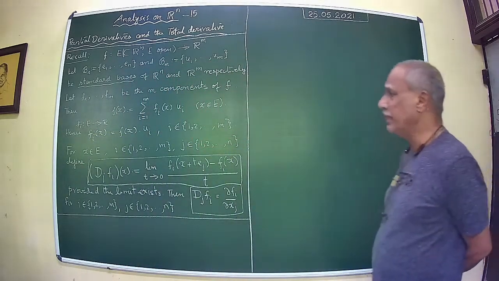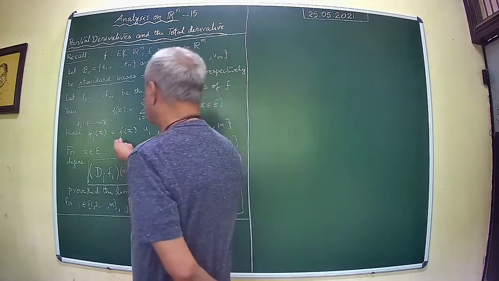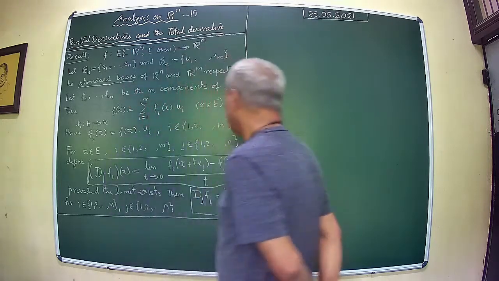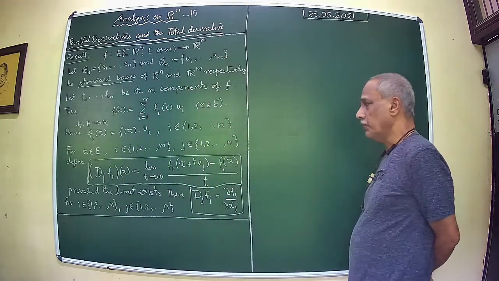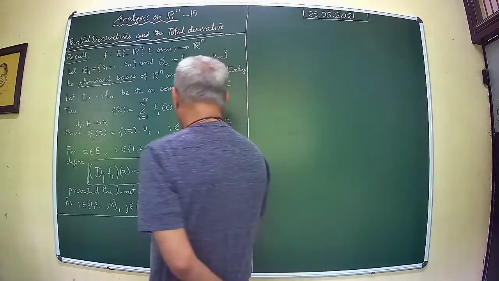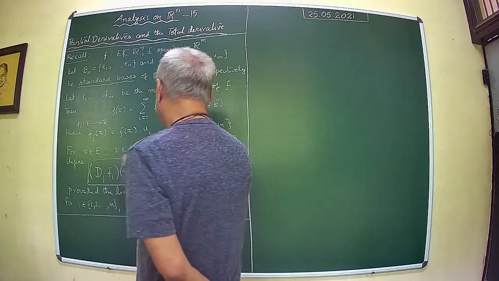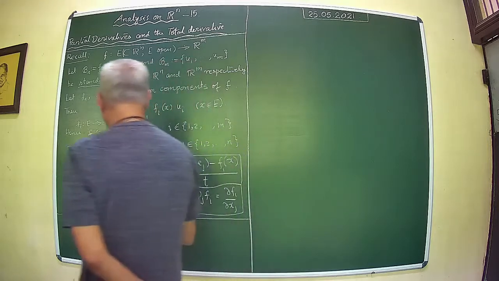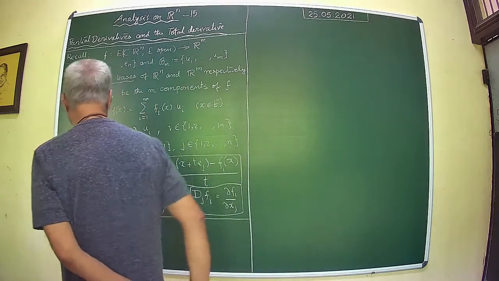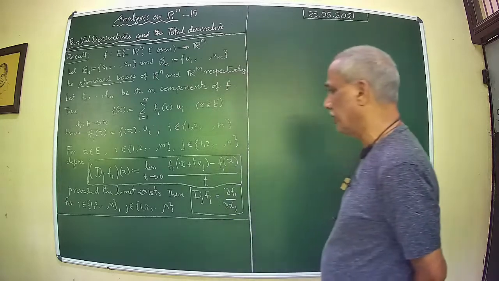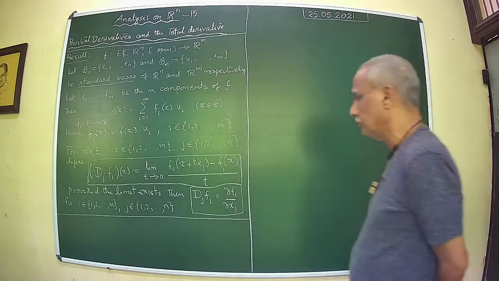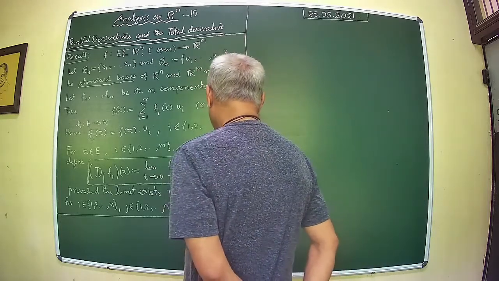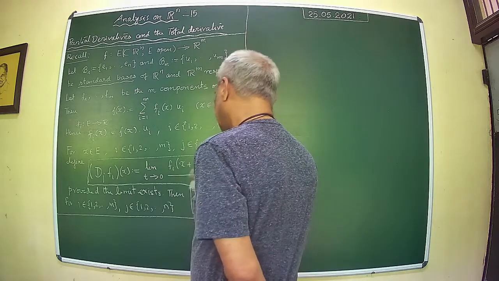And one immediately observes that Fi(x) is essentially F(x) dot Ui. For x belonging to E, i belonging to 1 to m, and j belonging to 1 to n, we define djFi at x to be the limit as t tends to 0 of Fi(x + t ej) minus Fi(x) divided by t.